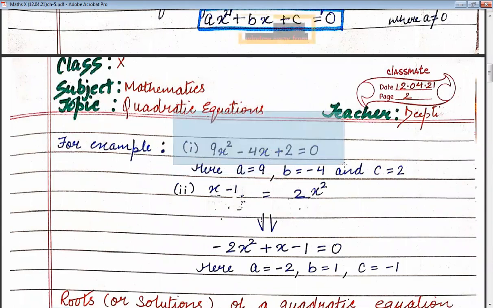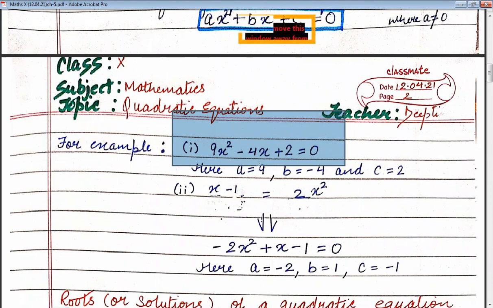Have a look at the first one: 9x² - 4x + 2 = 0. Children, this is a quadratic equation because the degree of the expression is 2 and it is equal to 0. Here a = 9, b = -4, and the constant term is 2.